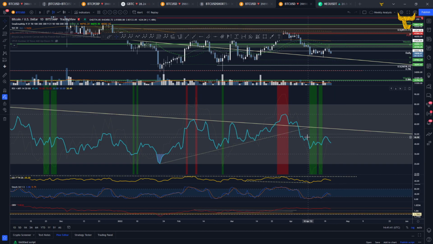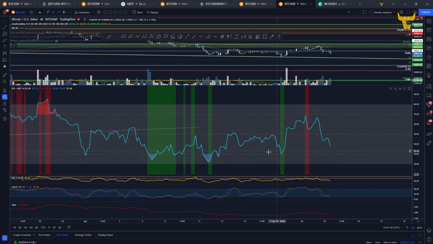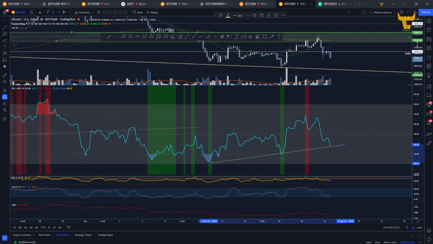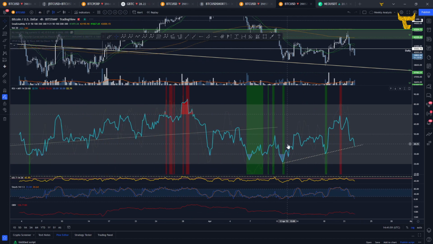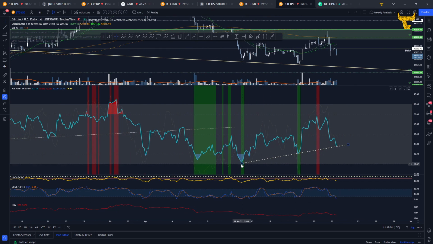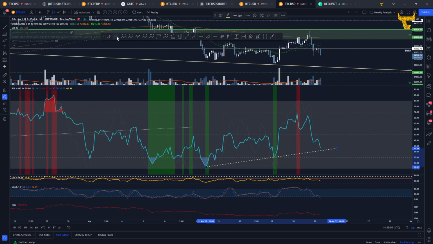And yeah, that's most of it. I have a slight bearish divergence. I didn't check RSI here. Potentially we have trend support on the 4 hour.